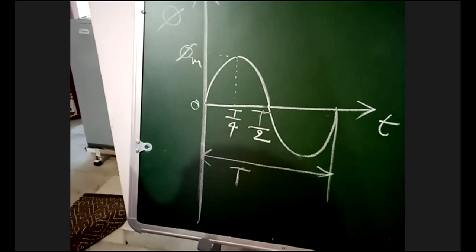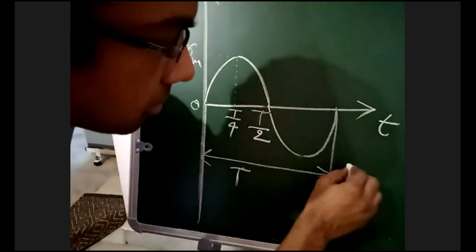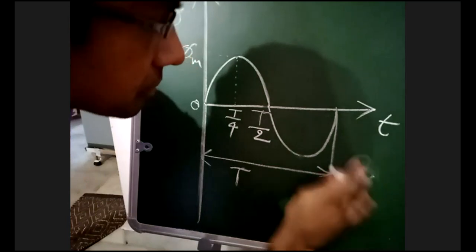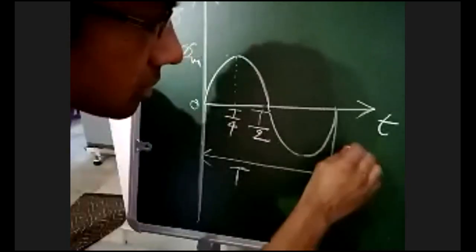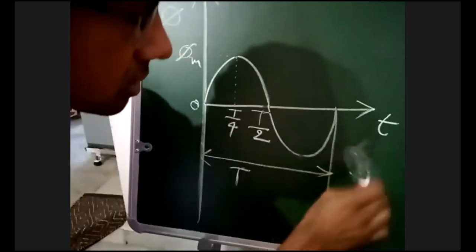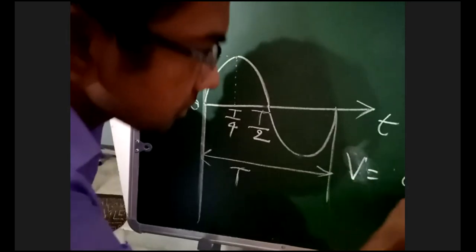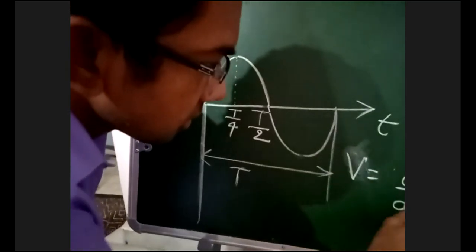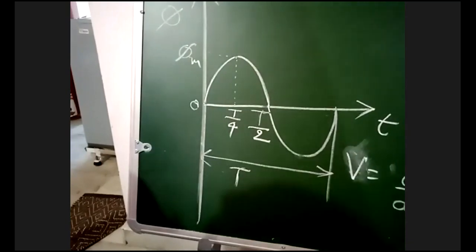Now, depending on the variation in the flux, yesterday I told the formula: EMF induced is V equal to N into d phi by dt. Sorry, it is not visible.